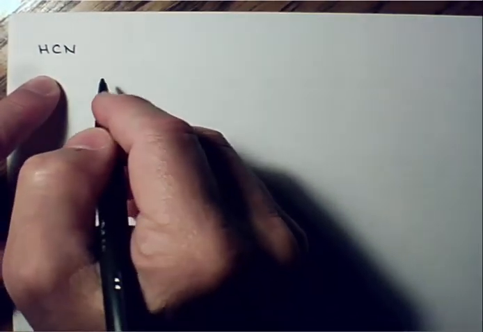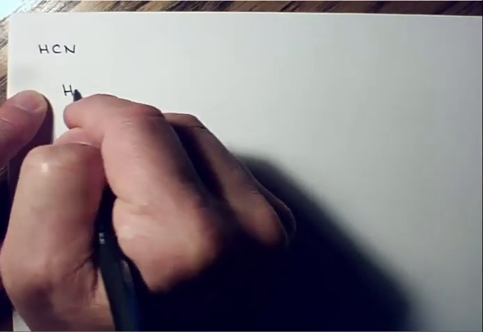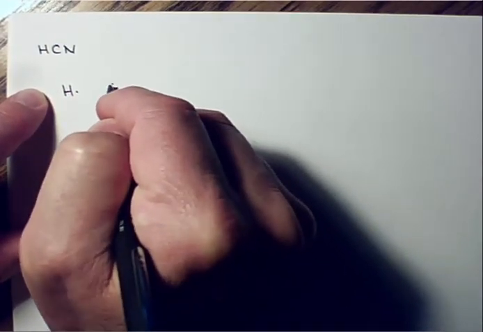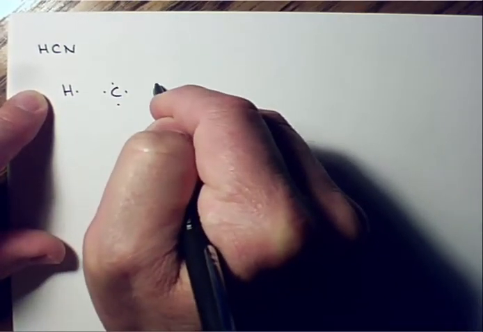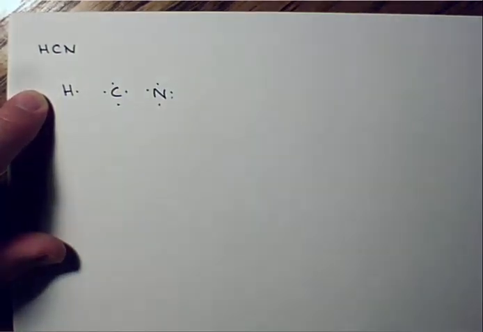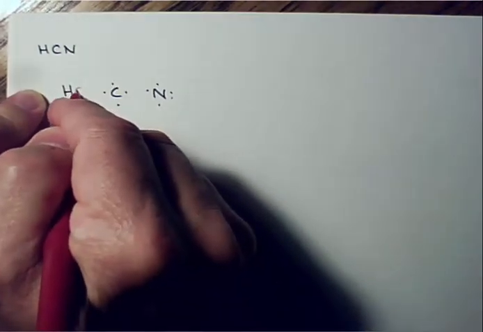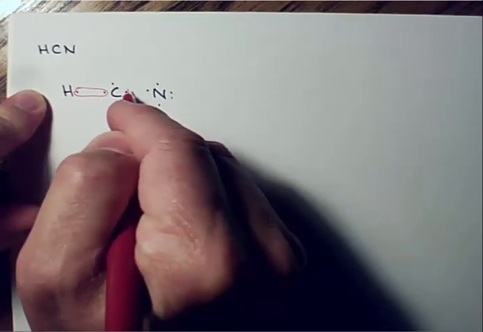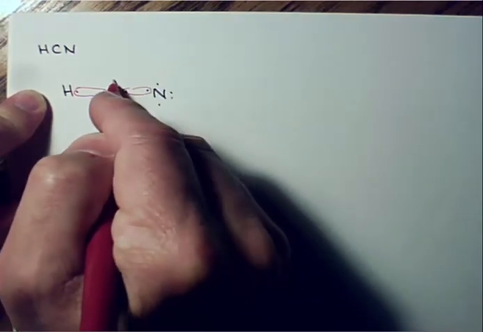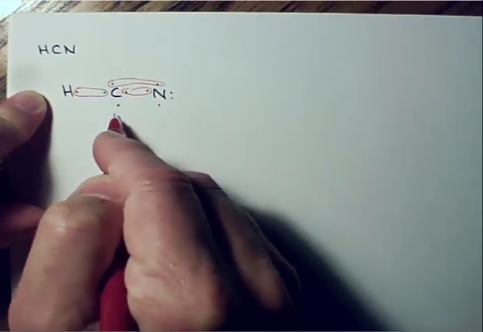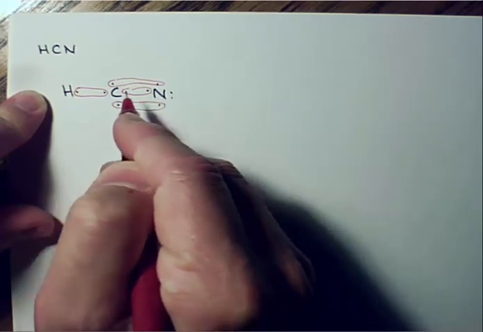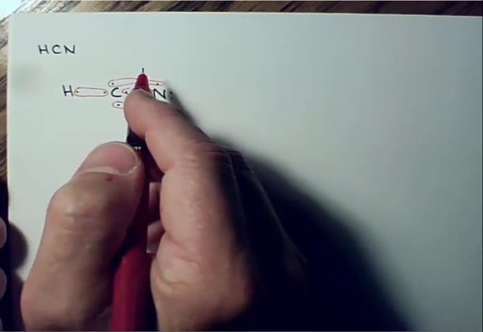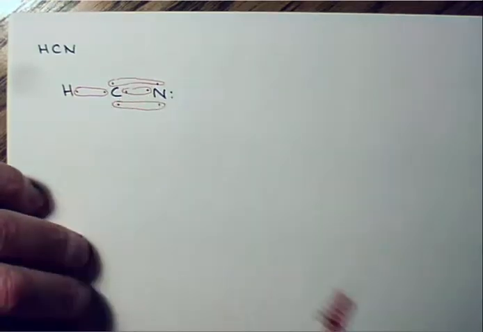Got it? All right. So we have hydrogen with 1 electron dot, carbon with 4, and nitrogen with 5. Go to the sharing arrangement. I hope you guys are getting this so that if I speed along, you're following along anyway. At this point, we've been doing this a lot, so you should be able to keep up with me here.